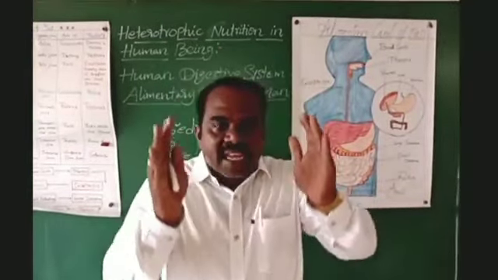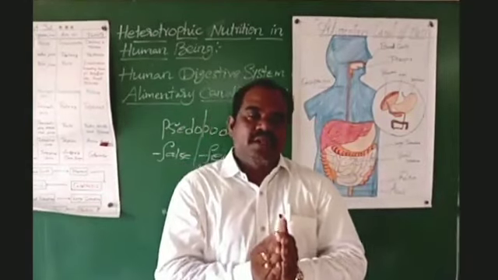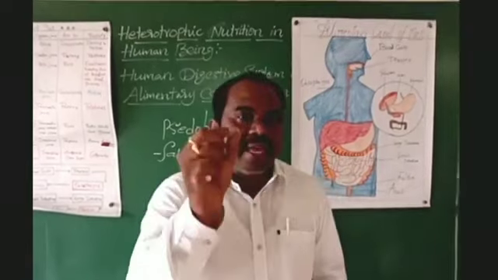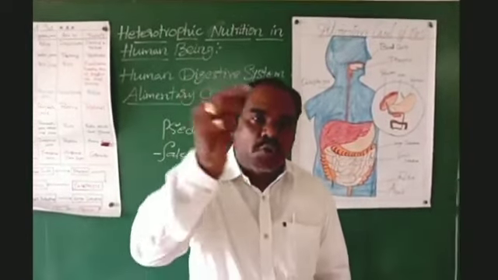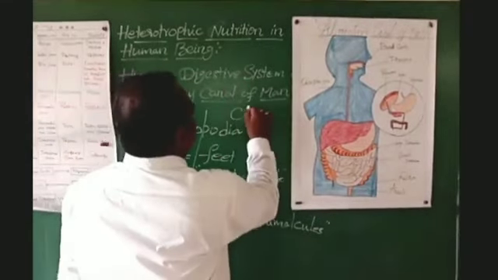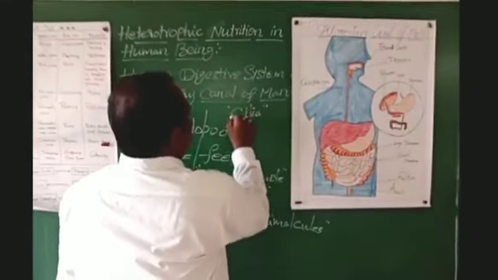On the outer surface of this organism, small hair-like structures are present in the outer covering of the body, called cilia. C-I-L-I-A.